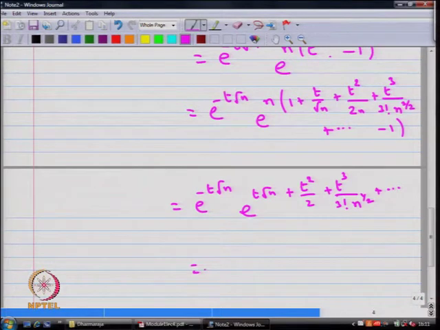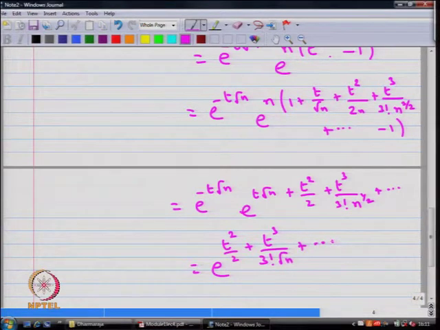Therefore, this becomes e power t square by 2 plus t cube by 3 factorial square root of n and so on.